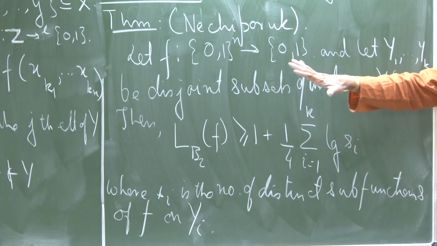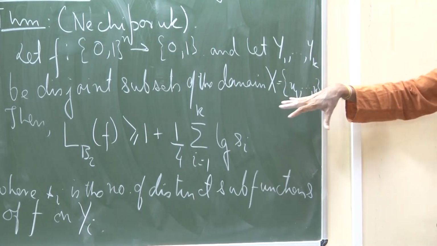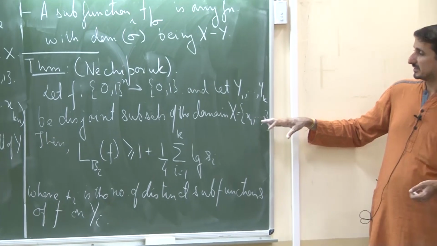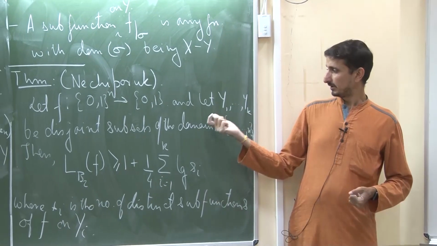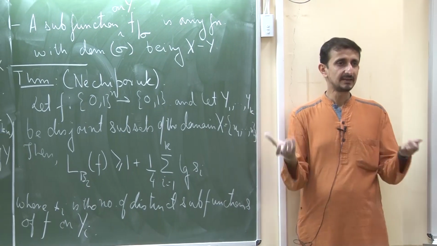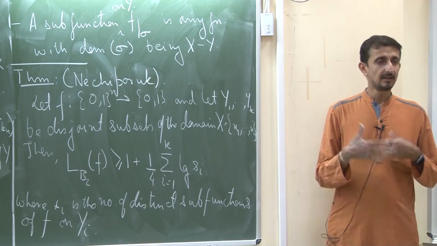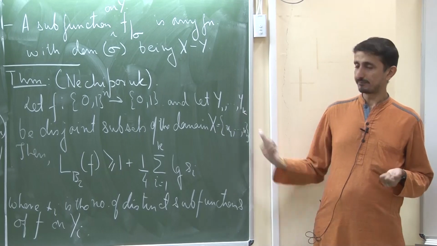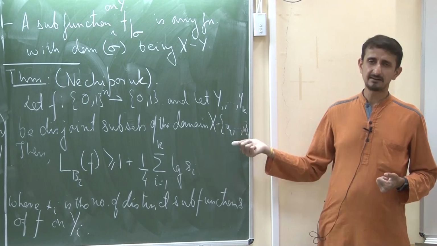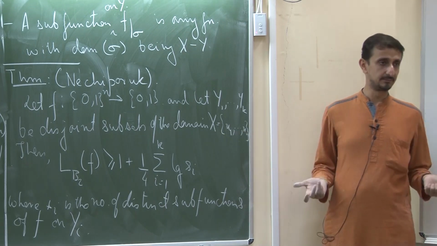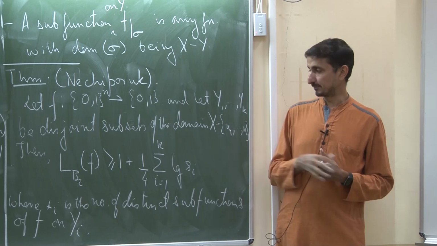So we take a function f and look at its domain, and we just consider subsets of the domain that are disjoint, some y1 to yk. This is just a collection of the variables x1 up to xn such that no two subsets have a variable in common, but it need not be a partition in the sense that it need not contain all the variables. I am not saying it is a partition, just that these are subsets.